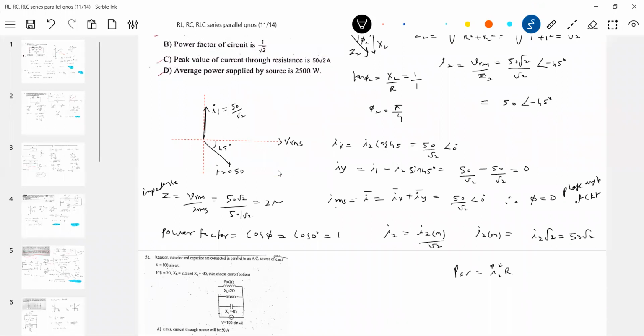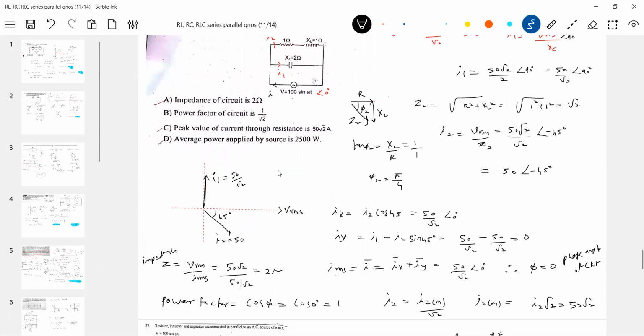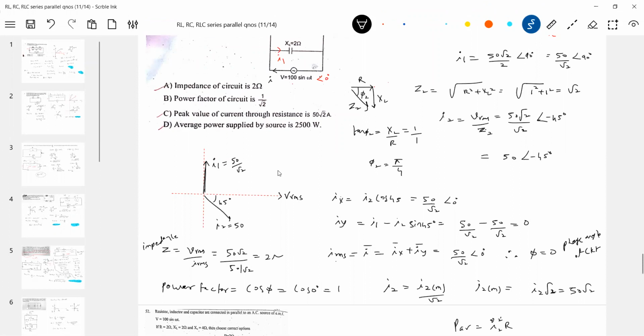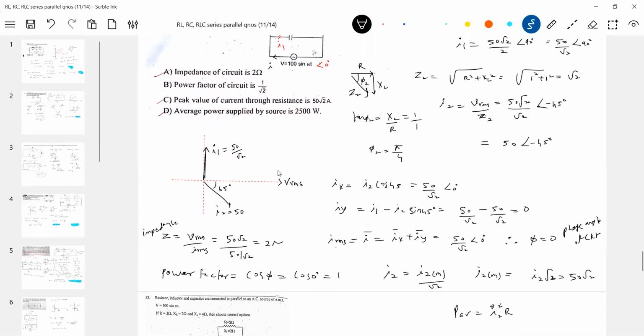Shall we write I into V? Any problem? Why am I not writing VRMS into IRMS? Anybody? In an AC circuit, what happens?